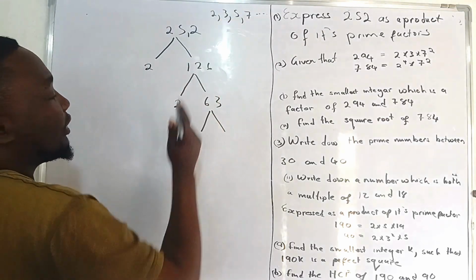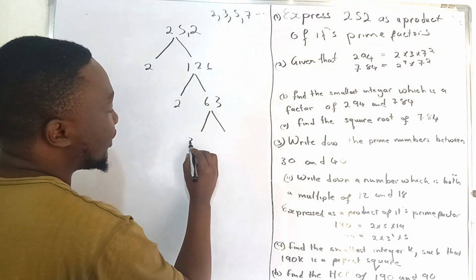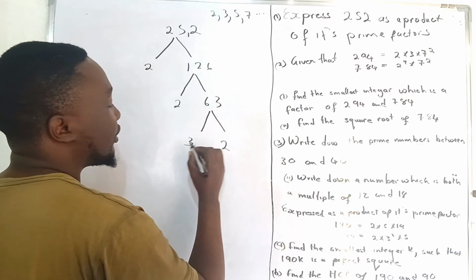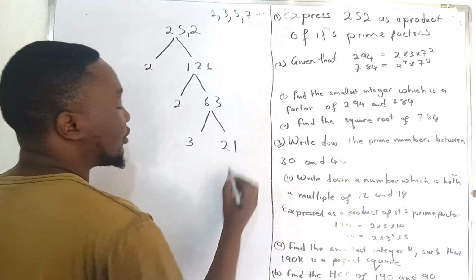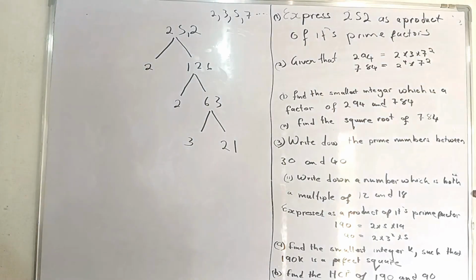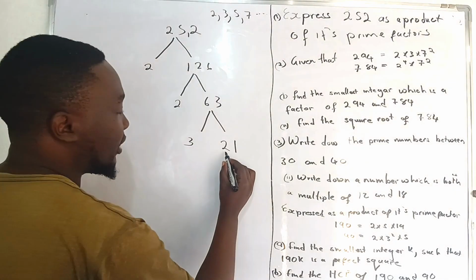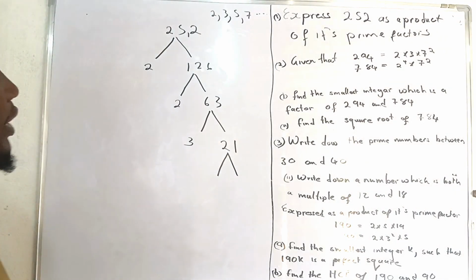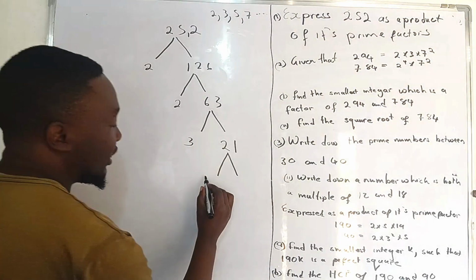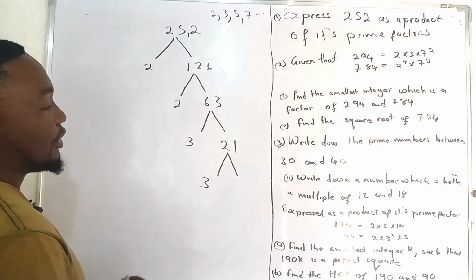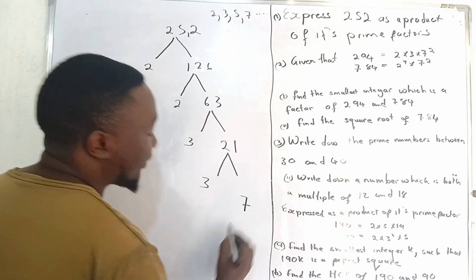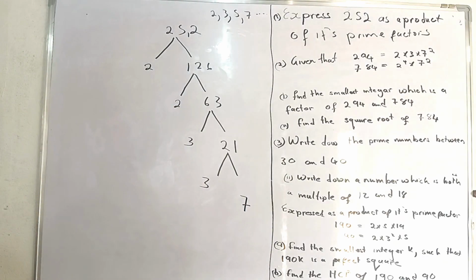So 3 can enter into this, we put 3 here, 3 into that, we have 21. Again, you put your branches. What prime factor enters into this? Another 3. So 3 into 21, you have 7.